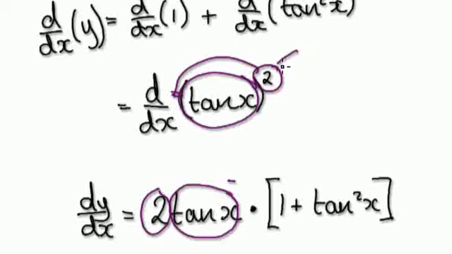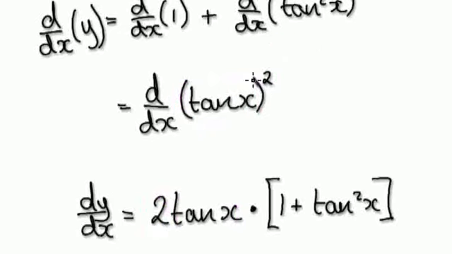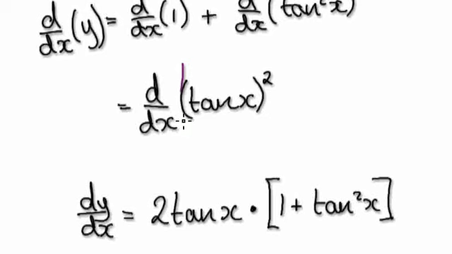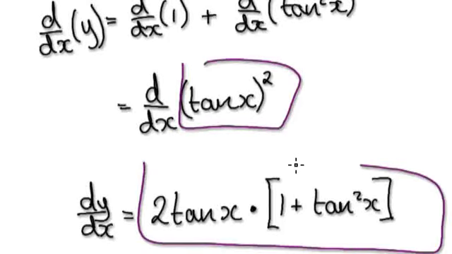Then the power gets reduced by 1, which is 1, so we can pretty much ignore that because it's to the power of 1. And then you've got to differentiate the bubble itself, so we times it with the differential of the bubble. From earlier, we know that when you differentiate tan, it will give you 1 plus tan squared of x. So differentiating this here will give you this.